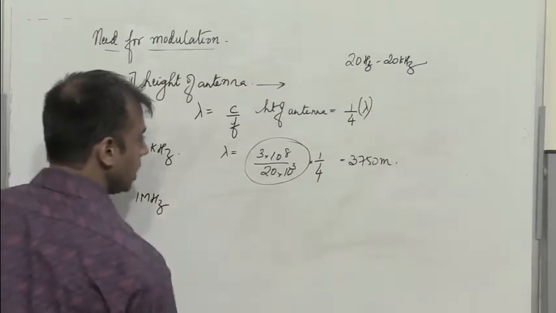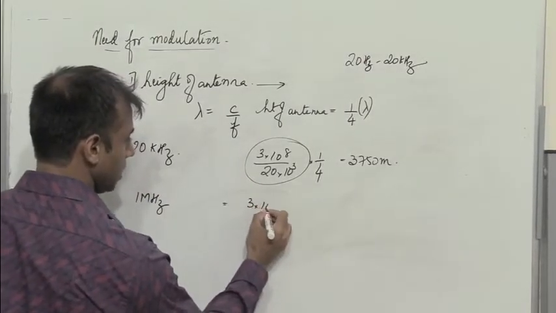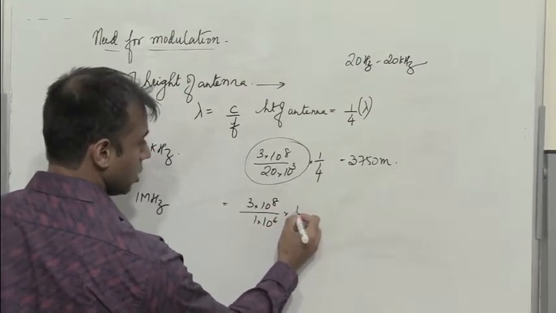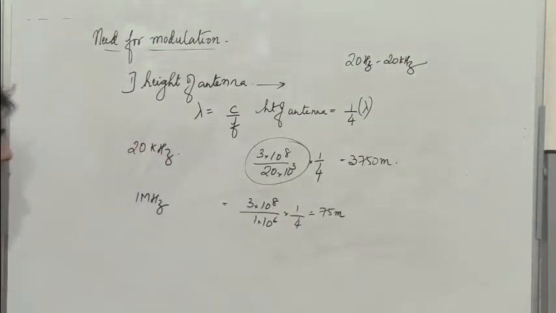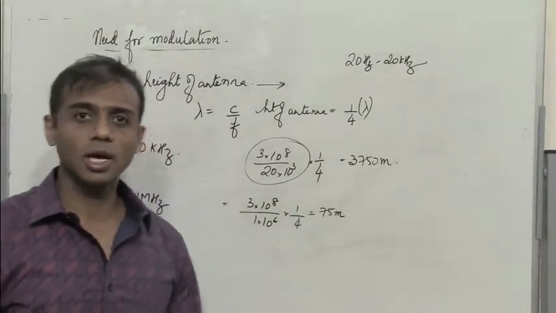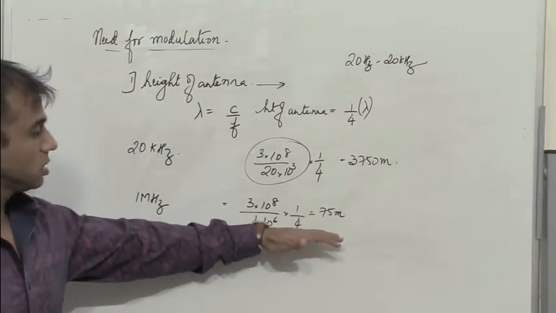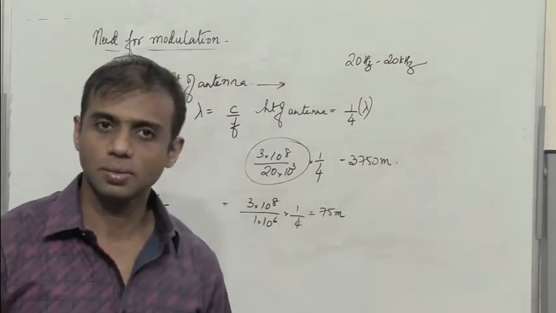What about the height of the antenna? The antenna height would be 3 into 10 power 8 divided by 1 into 10 power 6, times 1/4. So it is approximately 75 meters. Going in for a high frequency signal reduces the height of the antenna. This is 75 meters, which is possible for us to construct, right?